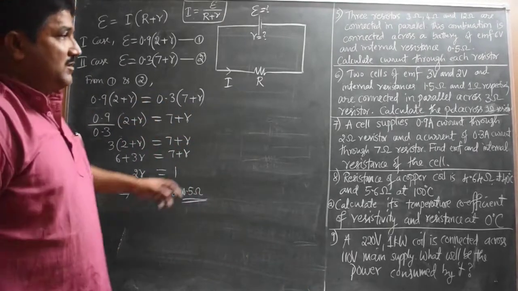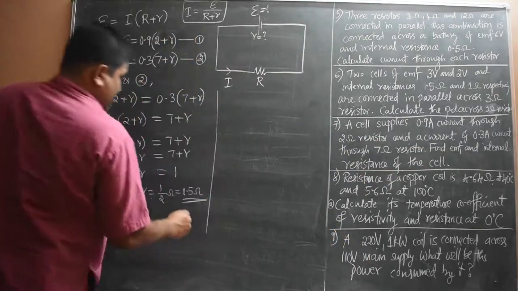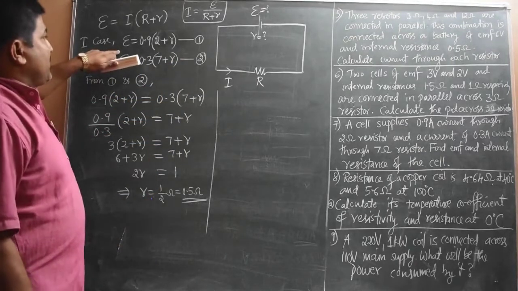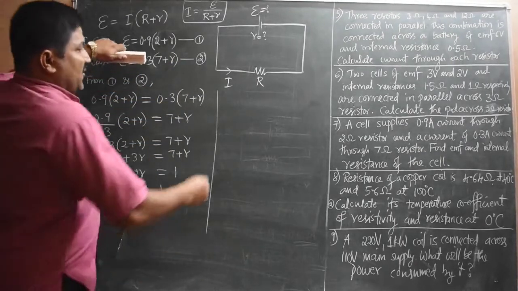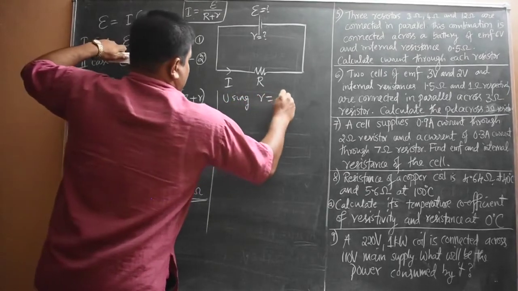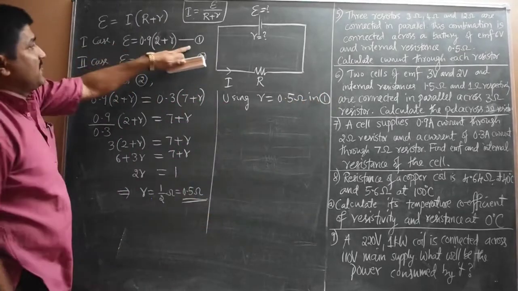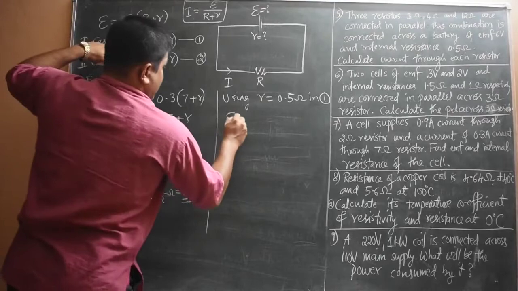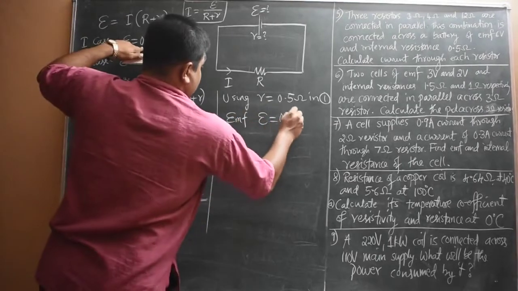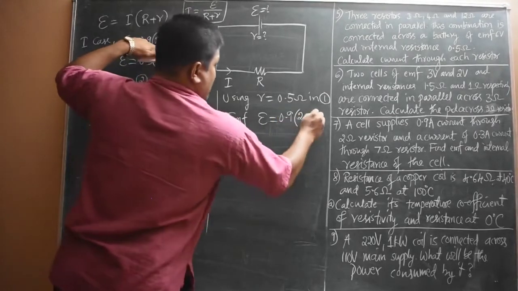They asked to find the EMF of the cell also. So to get the EMF, substitute the internal resistance value in any one of the equations, first equation or second equation. Okay, go for the first equation. Using the R value 0.5 ohm in equation 1, EMF epsilon equal to 0.9 times (2 plus internal resistance 0.5).